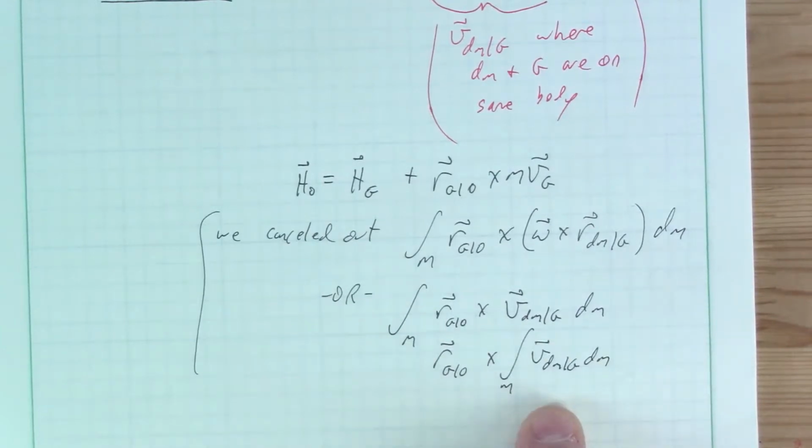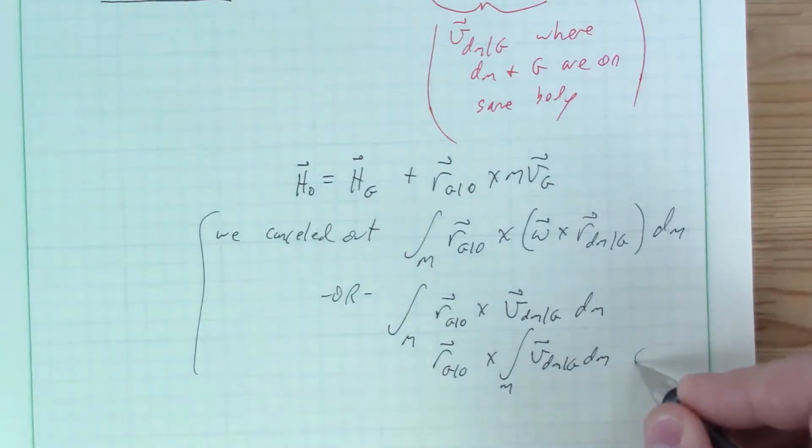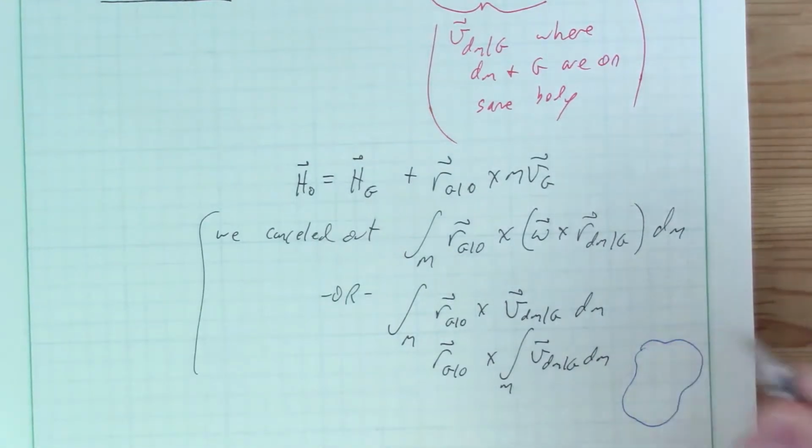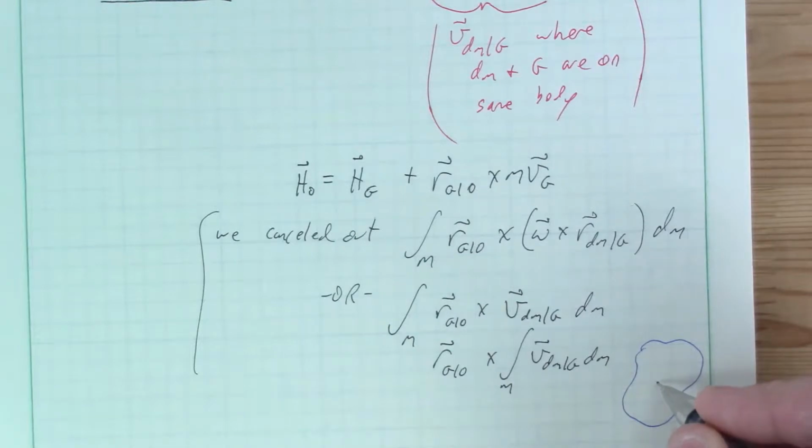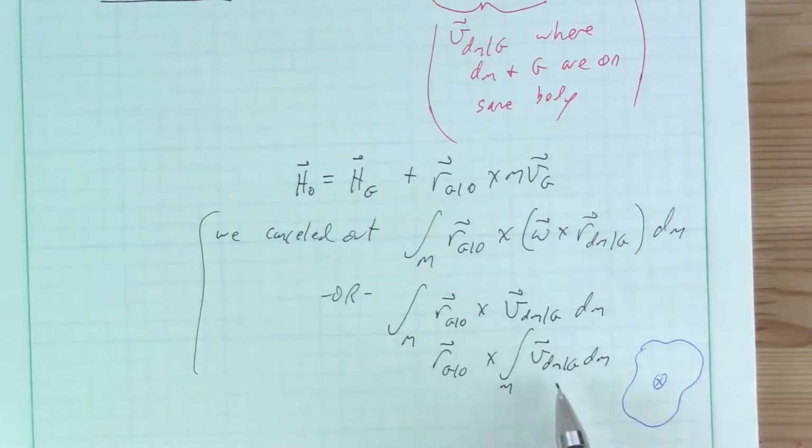Why is that 0? This is now the relative velocities of all of the individual dm elements from the center of mass. Think about an object with the center of mass there. Basically, it has equal mass in all directions, and we're going to weight that mass by looking at the velocities.